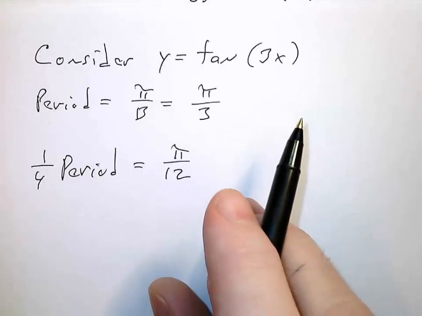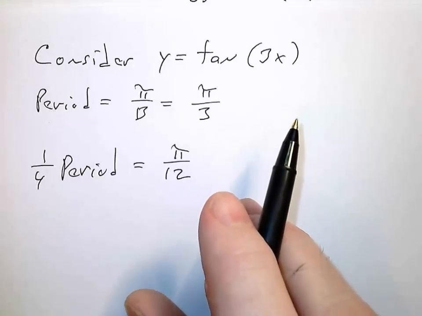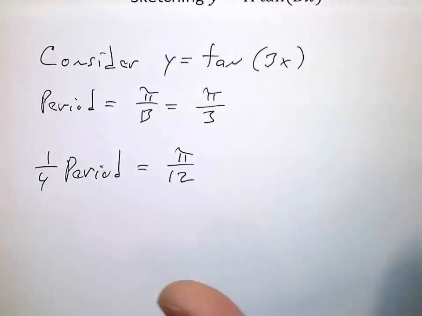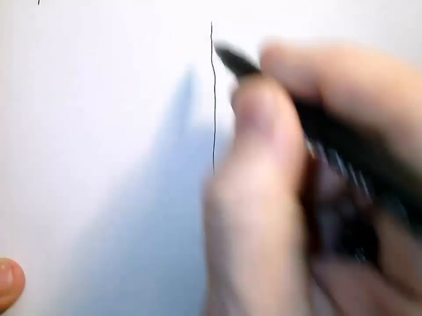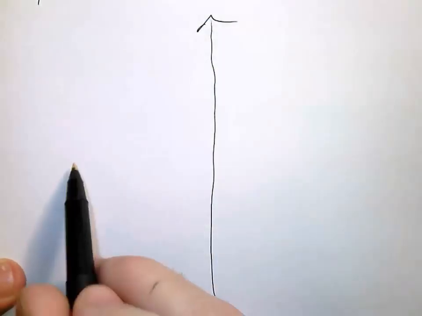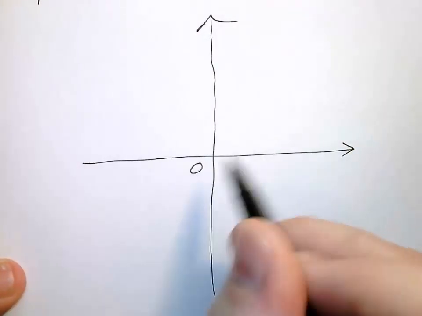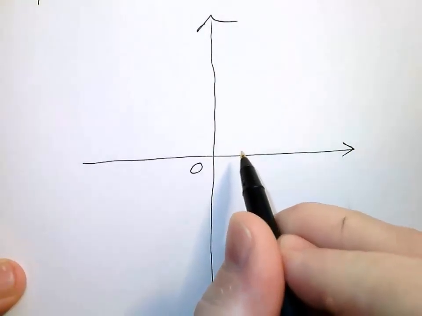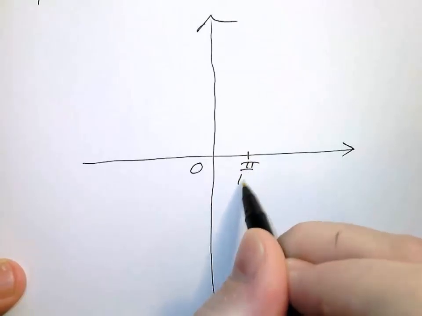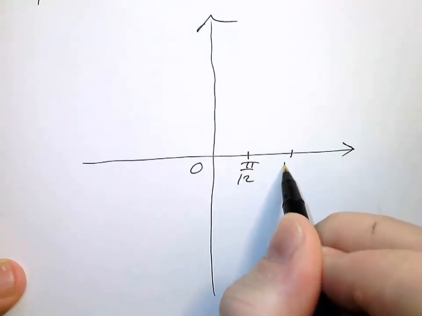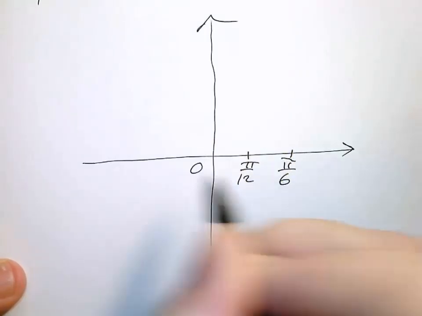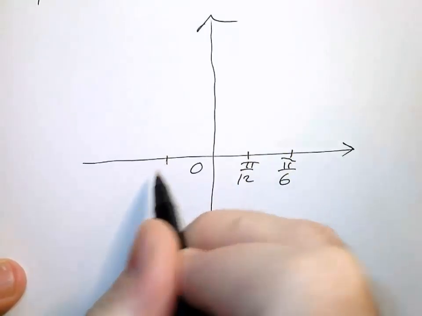So this is going to look like the other ones we just did, but these are shrunk in a little bit. So now I have pretty much my same graph, but I have 0, pi over 12, 2 pi over 12 is pi over 6, negative pi over 12, negative pi over 6.